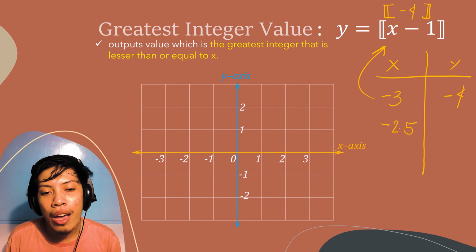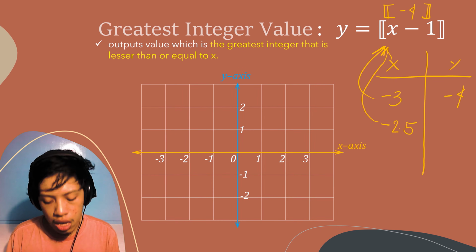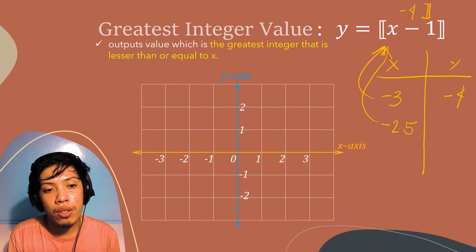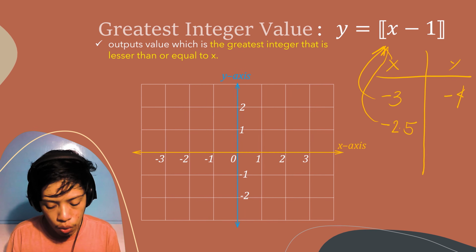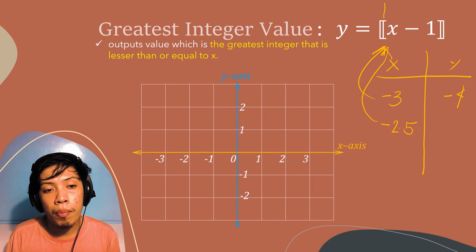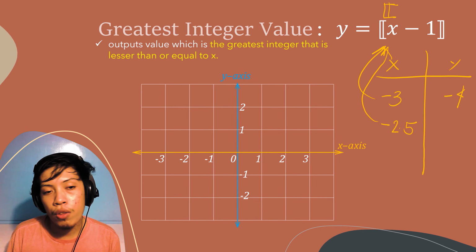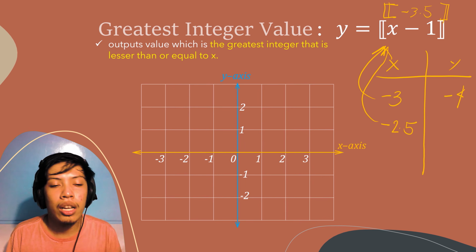Suppose we have negative 2.5. When you substitute it here, negative 2.5 minus 1, that is negative 3.5.